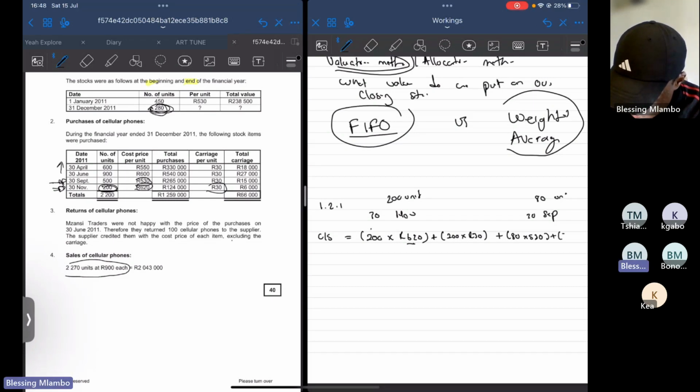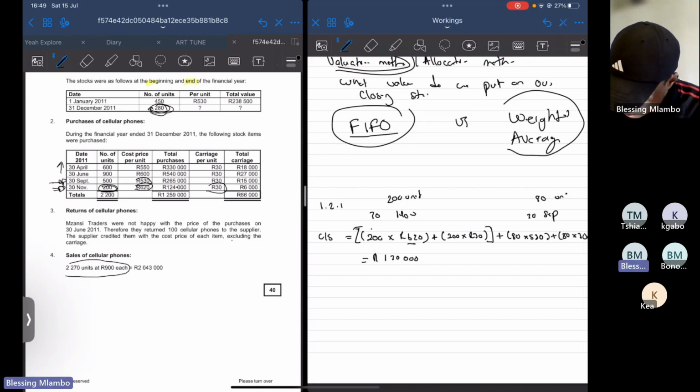We add the carriage, which was still 30 rand, and then you get the total cost price. So if you add these ones, they're going to give you 130,123.